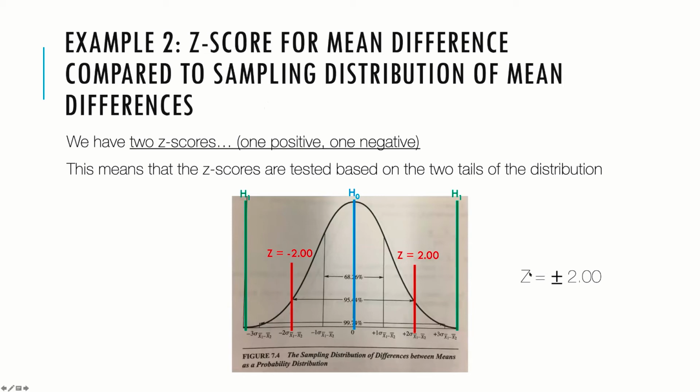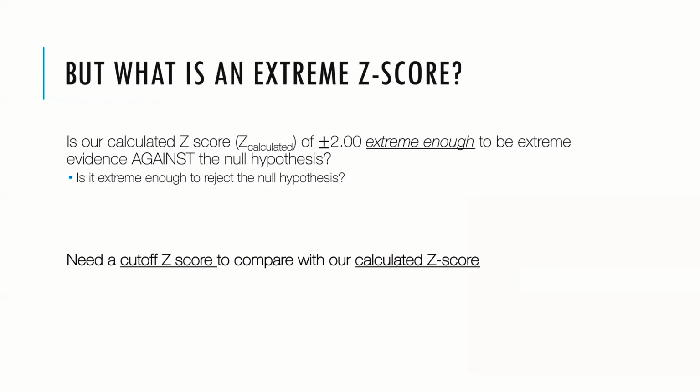So we represent this by saying z is plus or minus 2.0. What's an extreme score? We have to see if our 2.0 is extreme enough to be extreme evidence against the null, extreme enough to reject the null hypothesis. So we need a cutoff score to tell us once you pass that cutoff score, you are now able to say it's extreme enough as evidence against the null hypothesis.